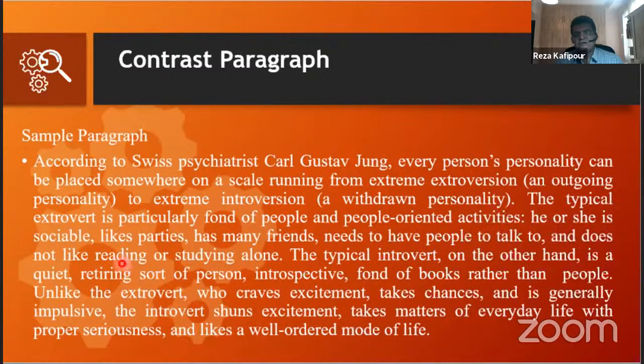We mean he or she is sociable, likes parties, has many friends, needs to have people to talk to, and does not like reading or studying alone. The typical introvert, on the other hand, is a quiet, retiring sort of person, introspective, fond of books rather than people.